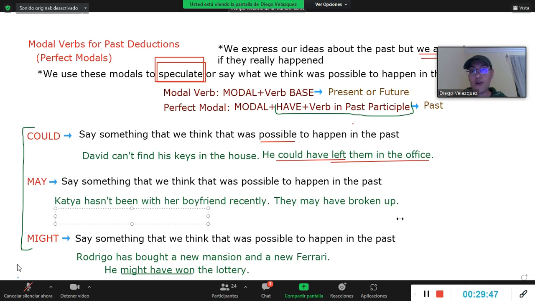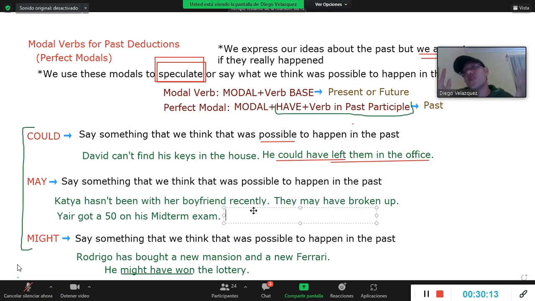Okay, for example, another sentence. Let's imagine Jair got a 50 on his midterm exam. Okay, this is the situation. Jair got a 50 on his midterm exam. Okay, I don't know what happened with Jair.